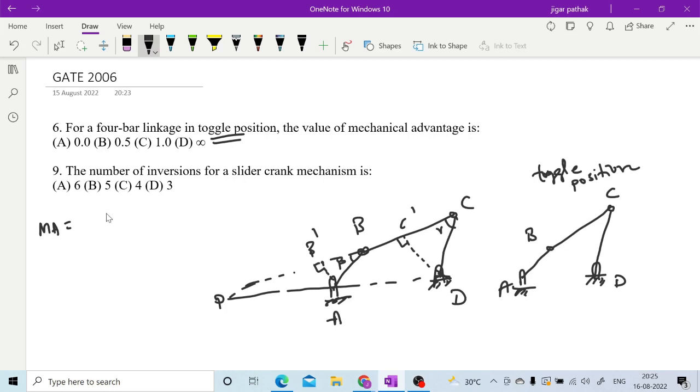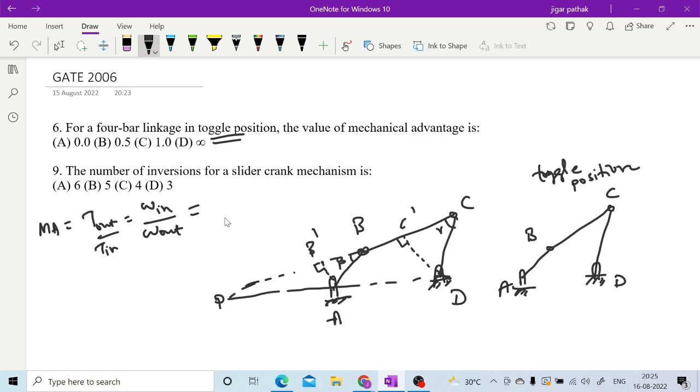as we have discussed, this T output upon T input or omega input upon omega output, right? So now here this omega can be considered as v is equal to r omega.